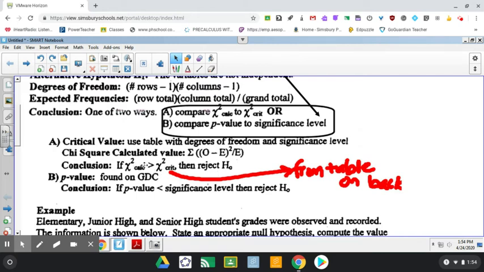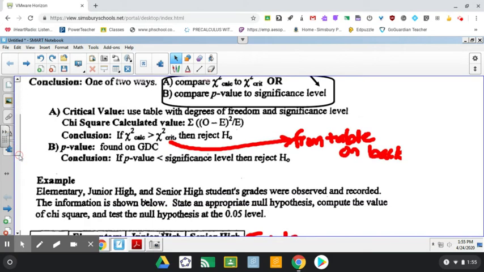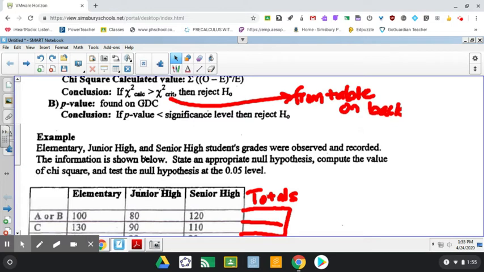And then again, if your chi-square calculated is greater than your chi-square critical, you reject. But also, if your p-value is less than 0.05, you reject, okay? And by rejecting a null hypothesis, in this case, if you're saying the two variables are not independent, that means that they're dependent, which means that there's some kind of connection between them, okay?